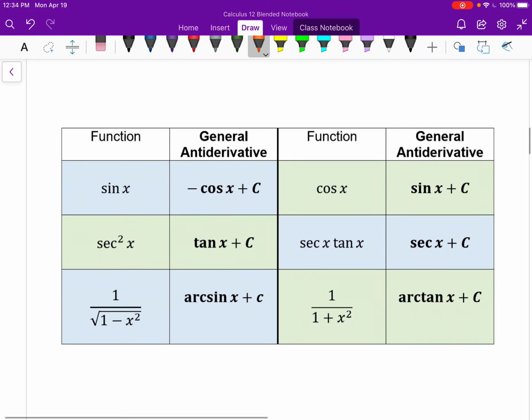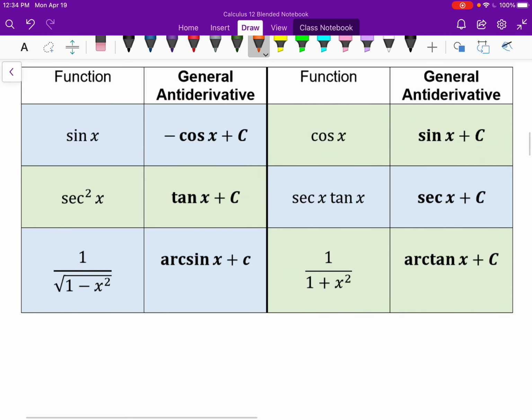A few more examples I want to look at. I think fairly straightforward. The antiderivative of sine is negative cos x plus some constant. The antiderivative of cos x is sine x plus some constant. And again, easy to check in reverse. The antiderivative of secant squared is tangent plus some constant.